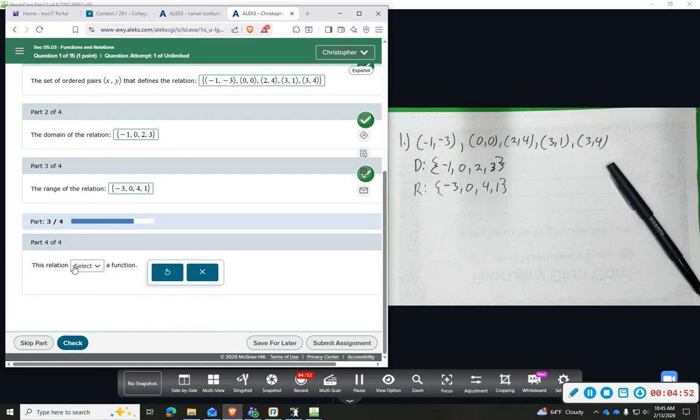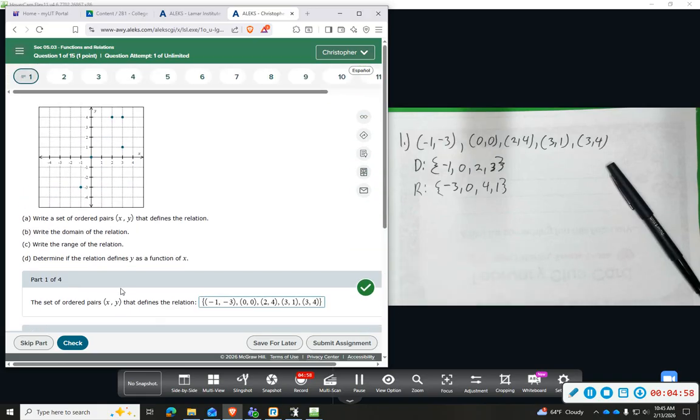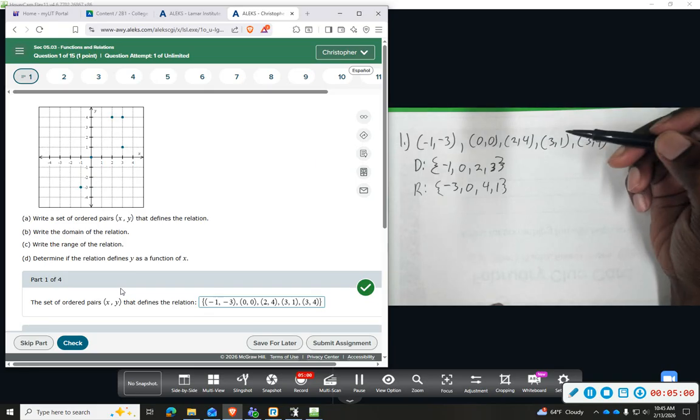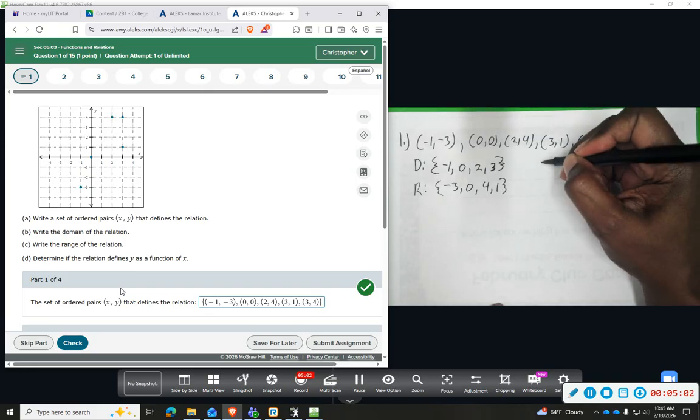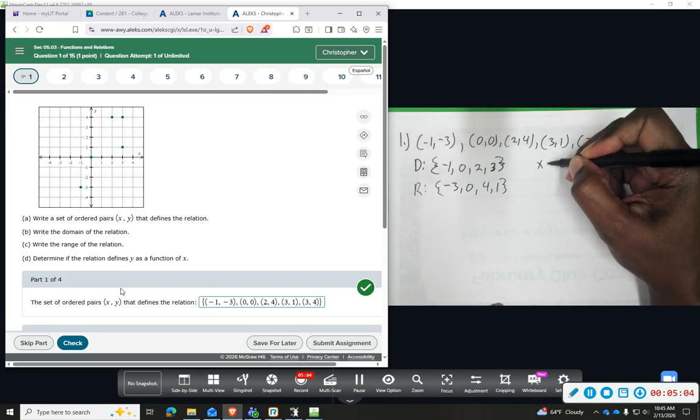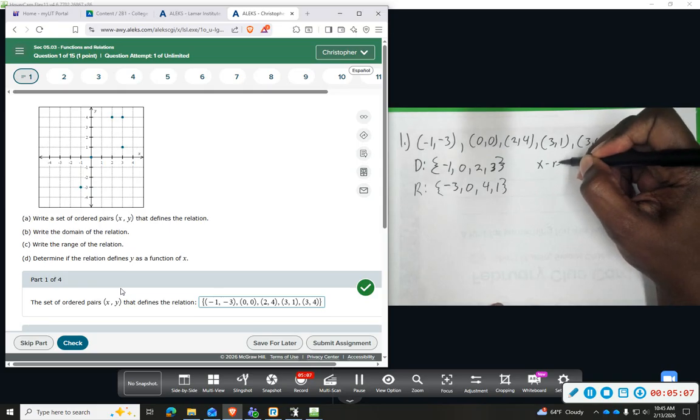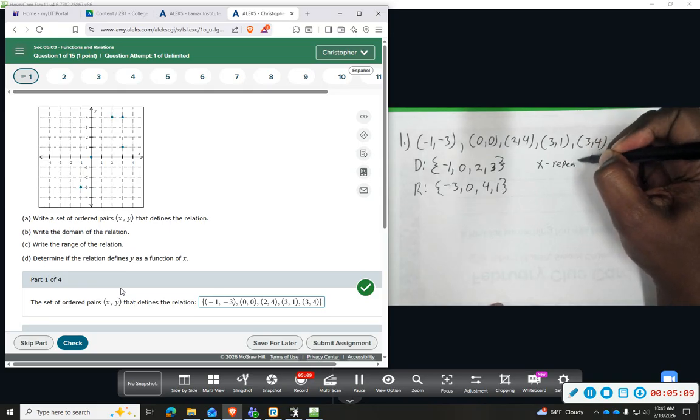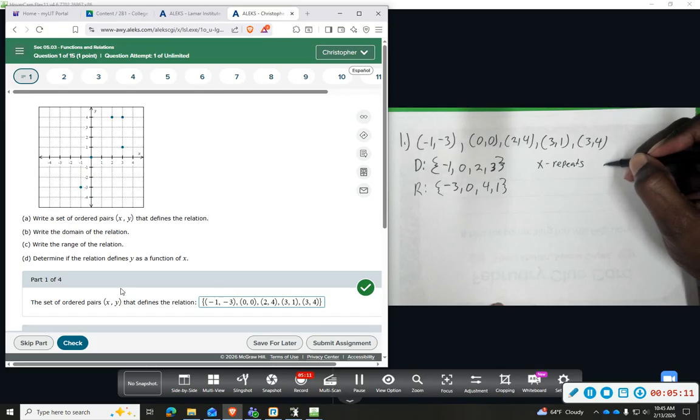And then now the last part says the relation is or is not a function. So how do we know if it's a function? Well, when we look at the graph, if the x value repeats, it's not a function.